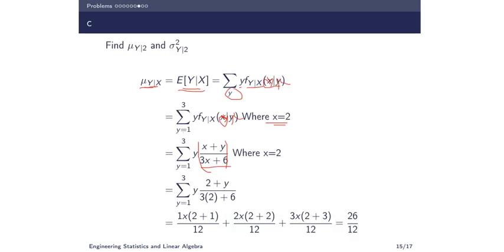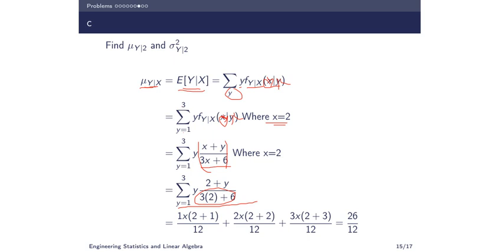So you substitute here and put x equal to 2, so you will get (2 + y) divided by (3 into 2, that is 6, plus 6), 12. Now again you have to expand this summation, starting from 1 to 3. Put y equal to 1: 1 into (2 + 1) divided by 12.